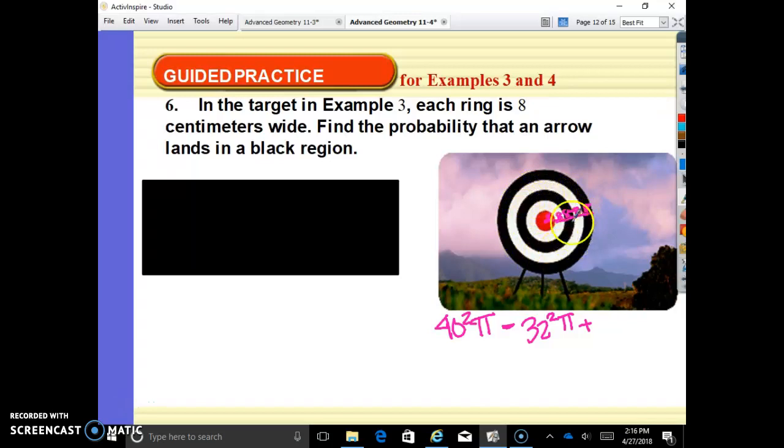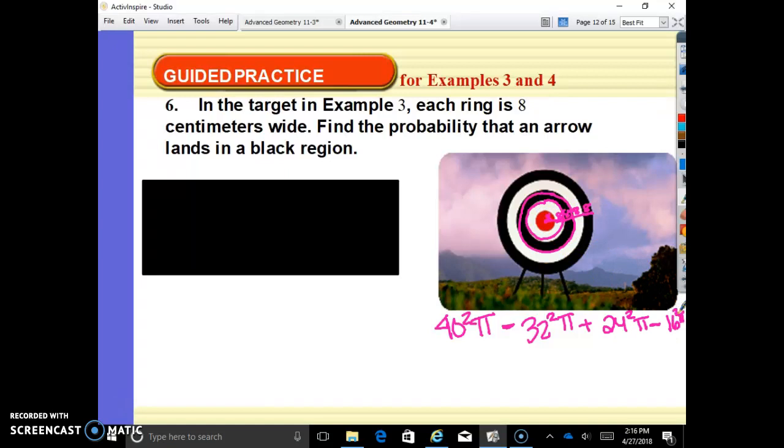Now we're going to do this circle right here, the whole thing, which would be 8, 16, 24. So that's going to be 24 squared pi minus what's missing from that one, which is this white and red one together, which is 16 squared pi.